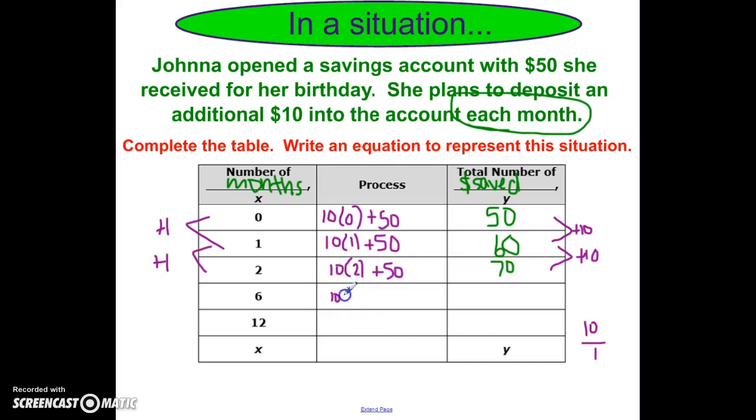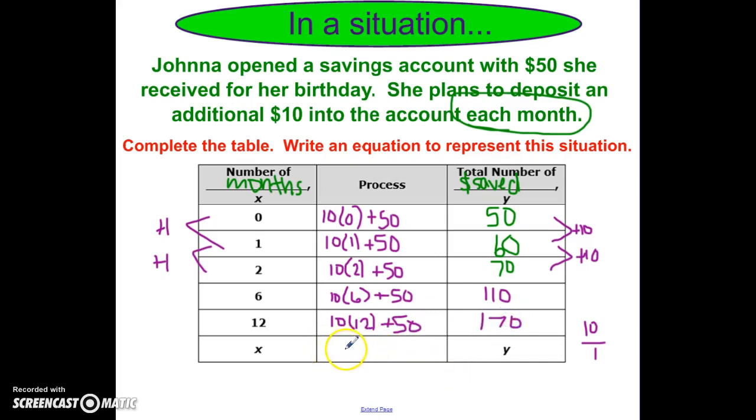So now we can use this to find out how much she had at 6 months. 10 times 6 is 60, plus 50 is $110. And then 10 times 12, 120 plus 50. So after a year, she had $170.